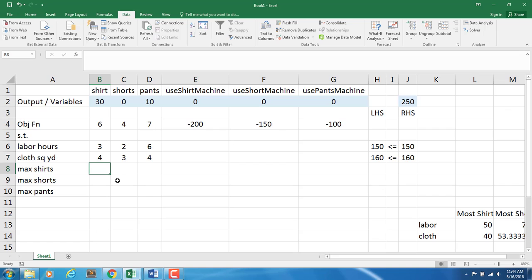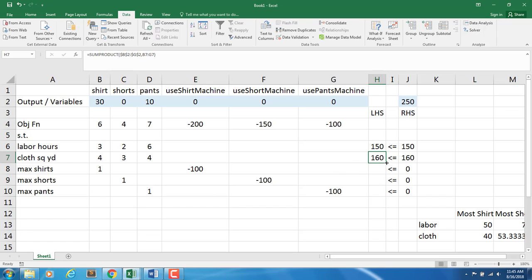Again, this will be a 1 here, and then over here a -100, less than or equal to 0. So we'll have a very diagonal pattern going: 0, 1, -100, less than or equal to 0.